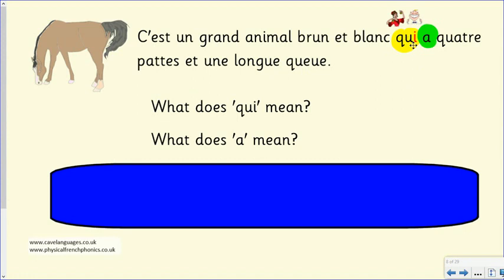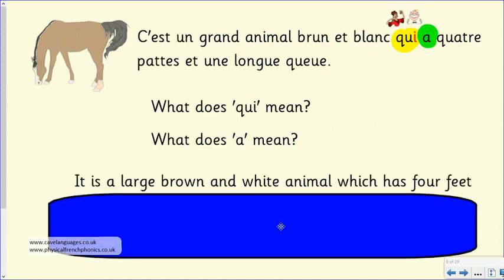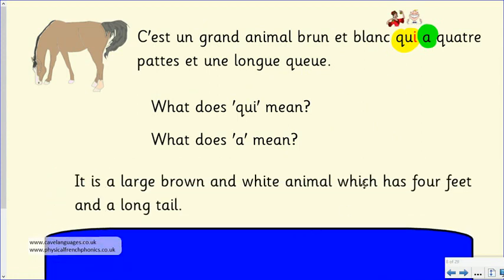So, what does qui mean? What does a mean? We met a in the project 1 about design a cartoon character. But what about qui? Well, can you guess? A means has, so it's a large brown and white animal, has. Qui means which. Which has, and it's introducing a subordinate clause.